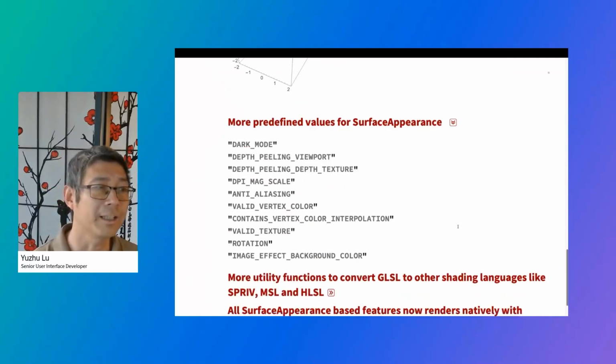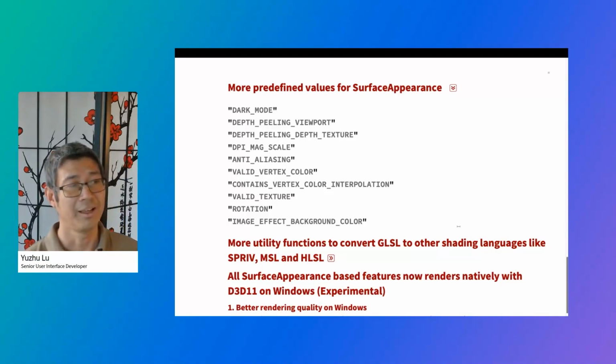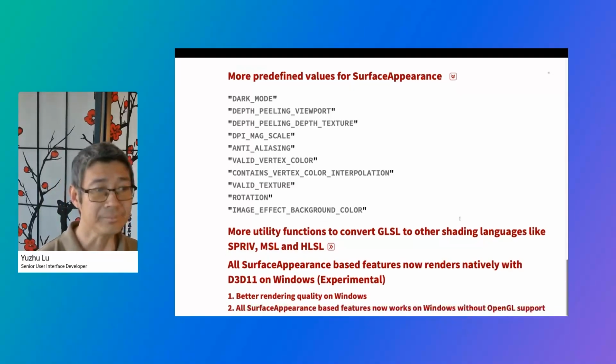We also added a bunch of new predefined values for SurfaceAppearance, like dark mode, depth peeling related resources, and DPI related resources. So if you want to customize the light dark mode or the depth peeling, you can do it now.